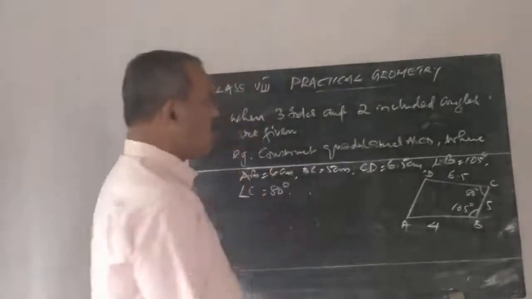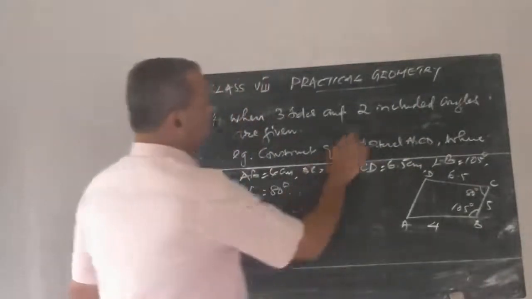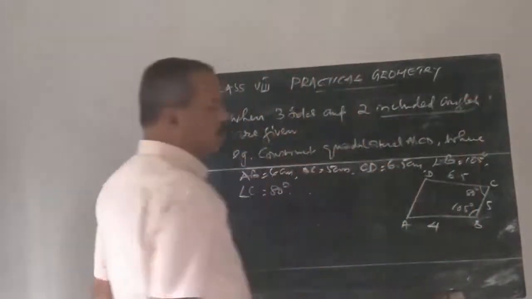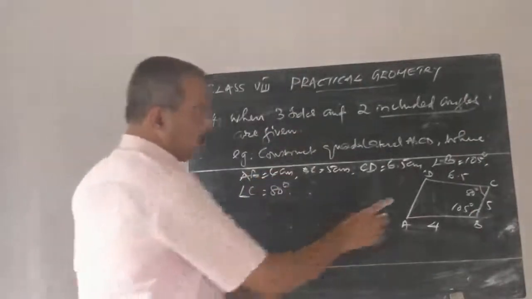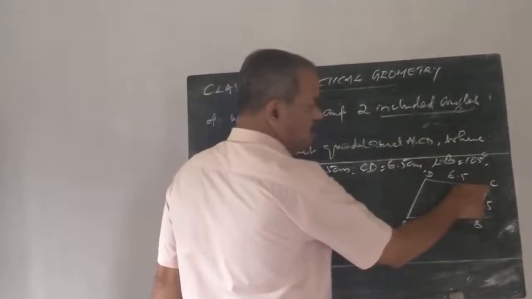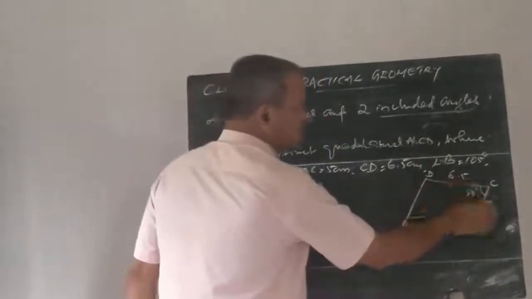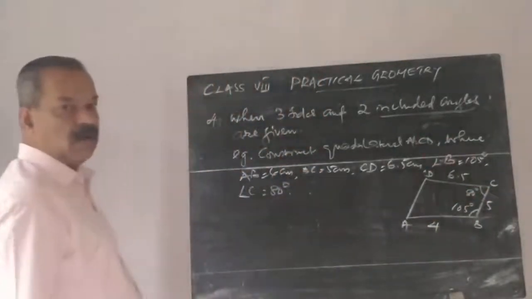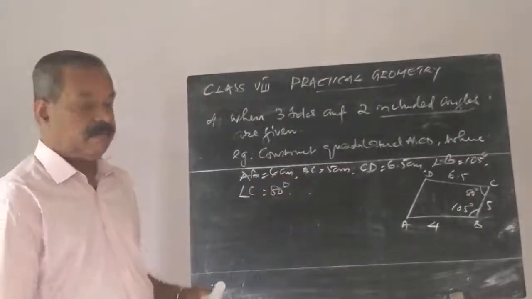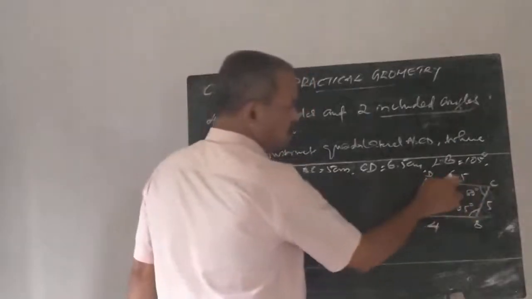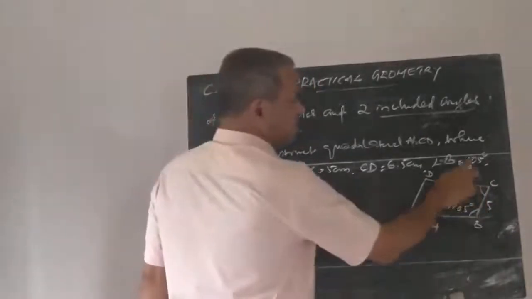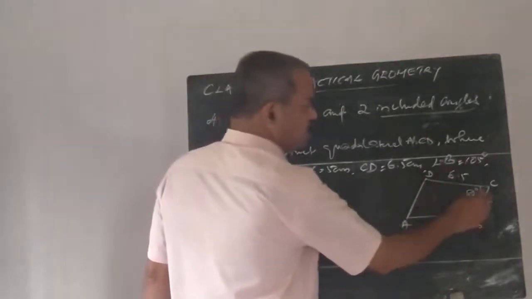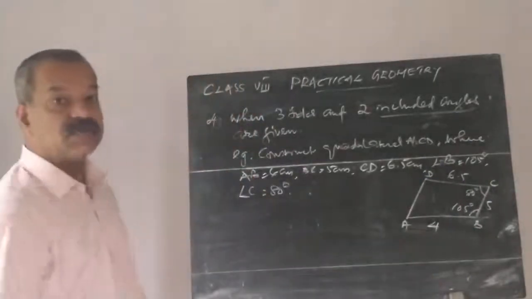What do you understand by included angle? By included angle we mean the angle made by the two sides of the quadrilateral whose measures are given. The measure of DC is not given, the measure of CB is also known, 5 and 6.5. In between, they make the angle 80 degrees. Such an angle is called an included angle.